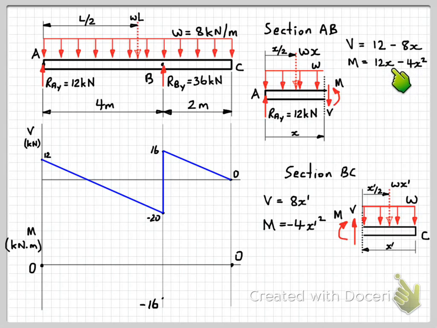We would have 12 times 1 is 12, minus 4 times 1 is 4, so that would give us a bending moment of 8, and positive. So we start off by going up, and then eventually we come down to a negative moment. If it's a quadratic equation, we can work out where that local maximum is. So let's do that before we actually draw in the bending moment diagram.